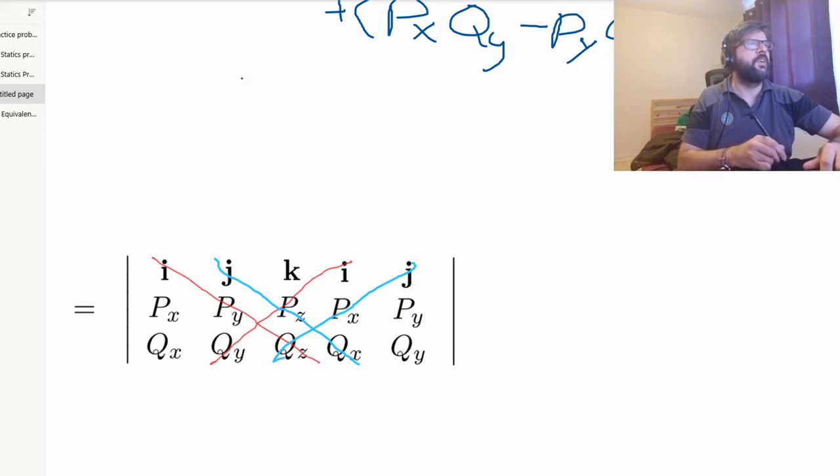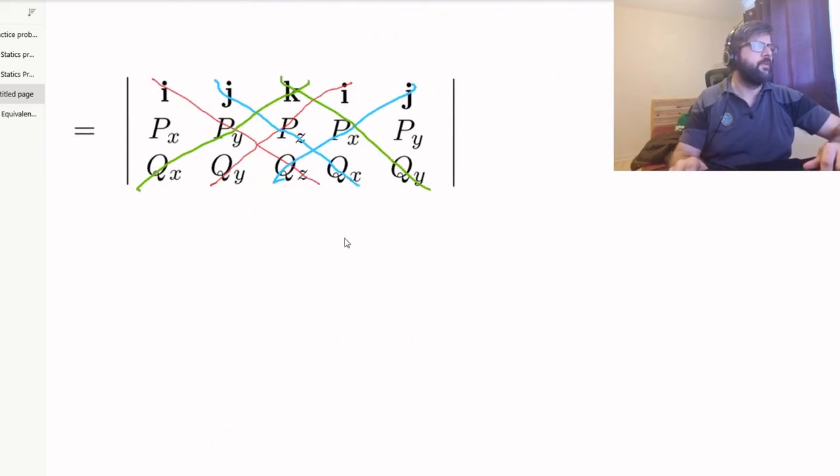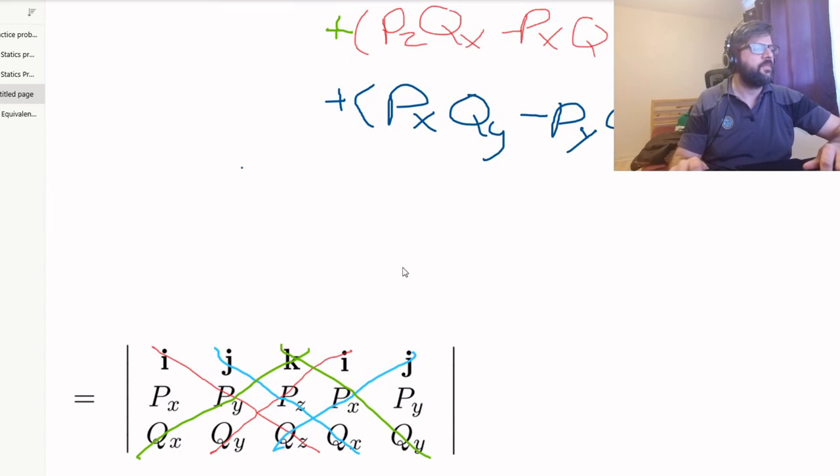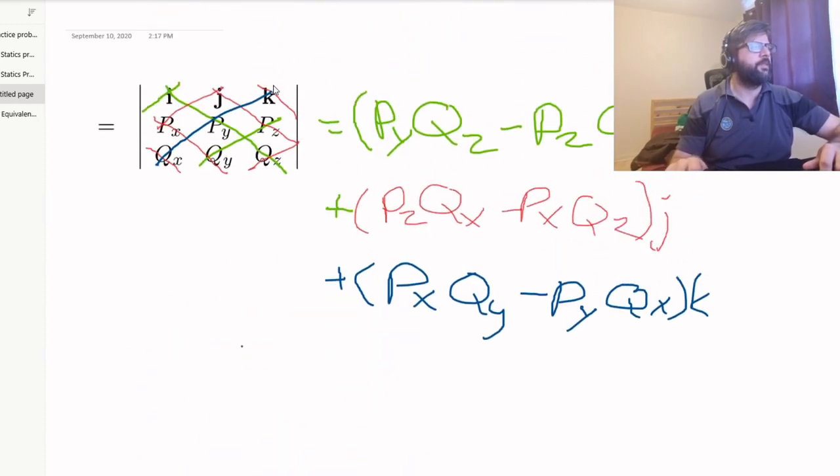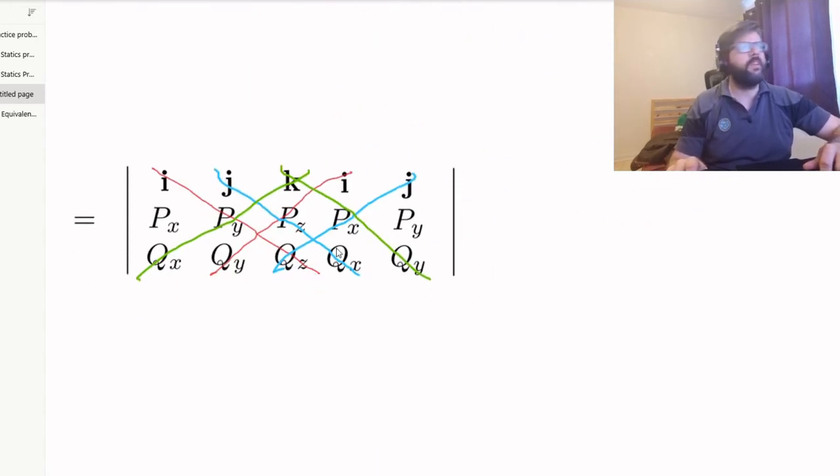And then moving on to our k, get k, px, qy, minus k, py, qx, which again just works out to the same thing as we saw above once we write it all down. So that helps you avoid having to keep track of how you shift when you get to the sides here.